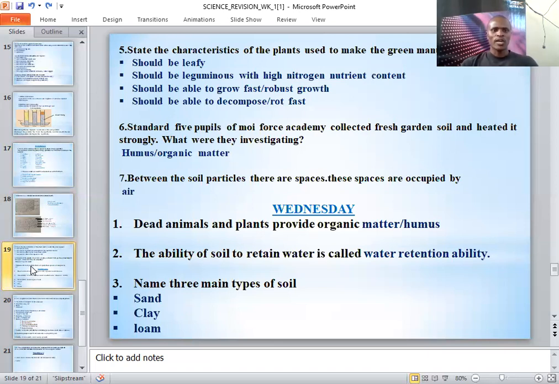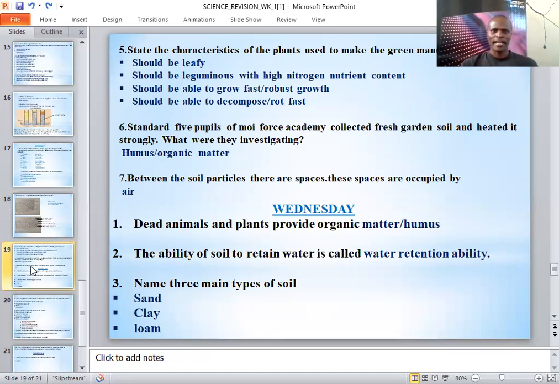But apart from that, we have 4 things that you're supposed to consider when choosing the plants to use when making green manure. One, they're supposed to be leafy, having broad leaves. Two, they should be leguminous with high nitrogen nutrient content.